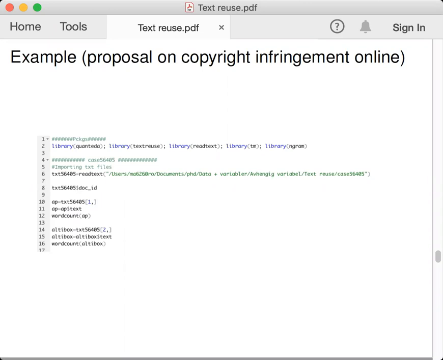If you have nice looking text documents, you don't need to do a lot of text pre-processing, which is a nice bonus with this approach. You don't need to do a lot of removing common words and all of that. So I just import the text documents, and then I save them as objects in R. So very straightforward.